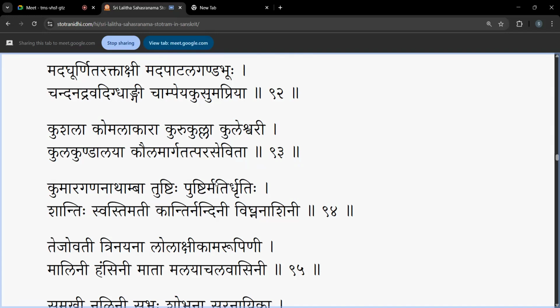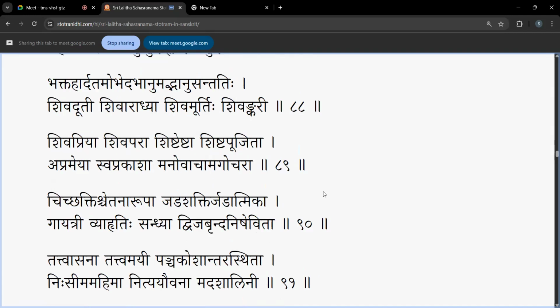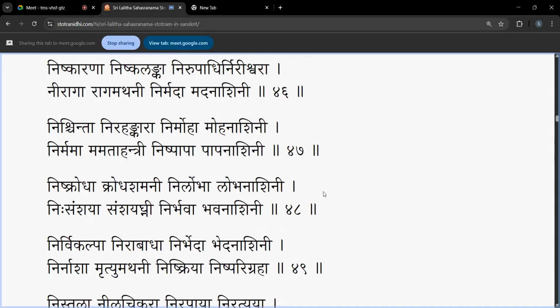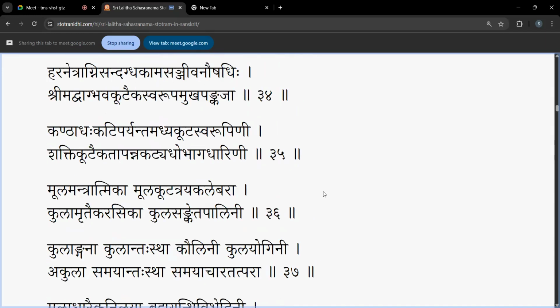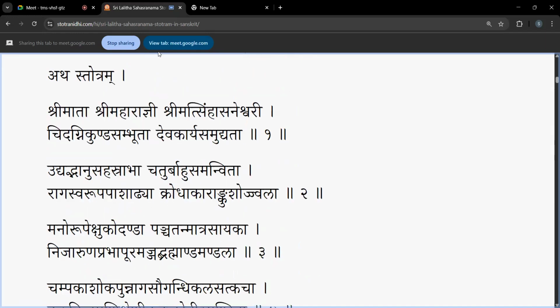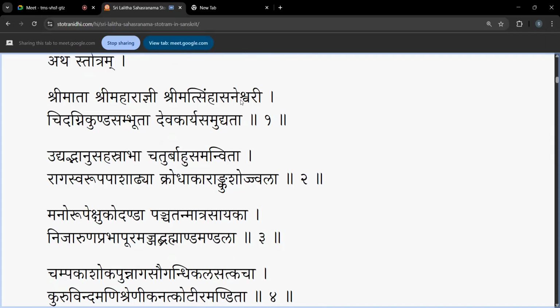Okay. The last question is, the Sri Chakra, what is the link to Mother Lalitambika? See, in the very first shloka itself, we see "Shri Mata, Shri Maharajni, Shrimat Simhasaneshwari". Now, Lalita is a very peculiar form of goddess, who is very closely associated with her home. She is very attached to her home, so to speak.